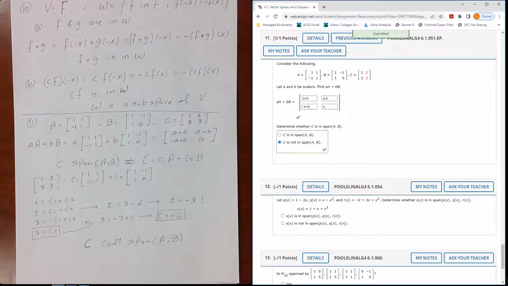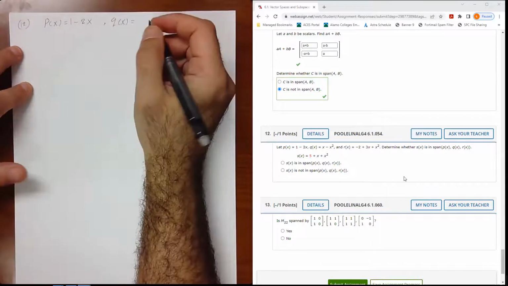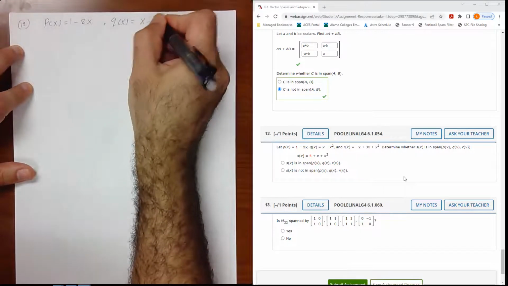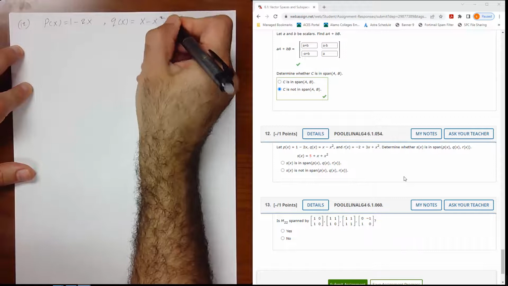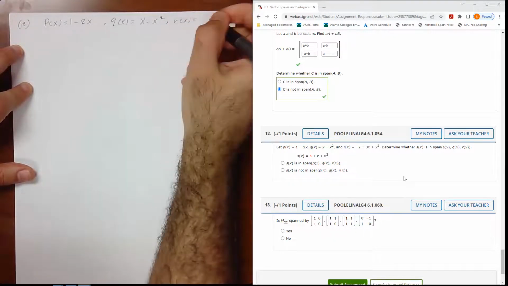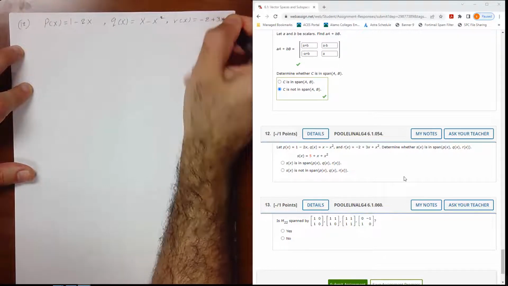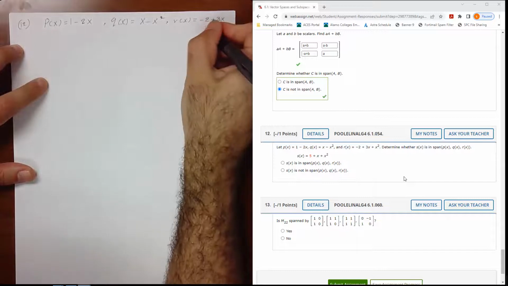That's it for this example. P of x = 1 - 2x, Q of x = x - x squared, and R of x = -2 + 3x + x squared.